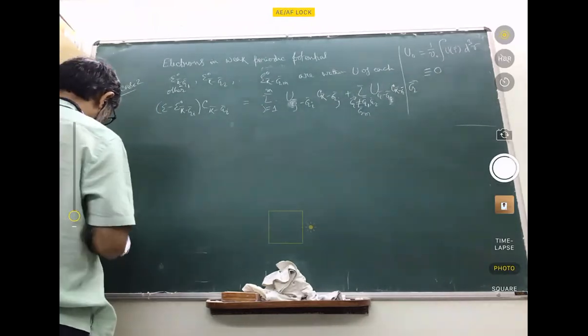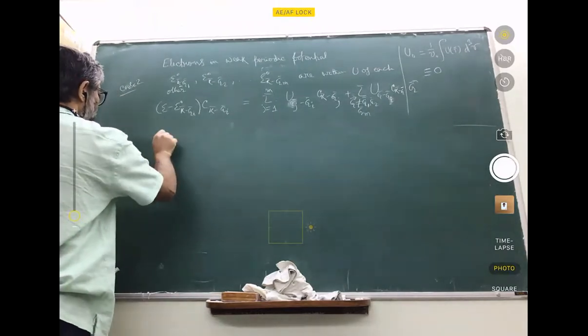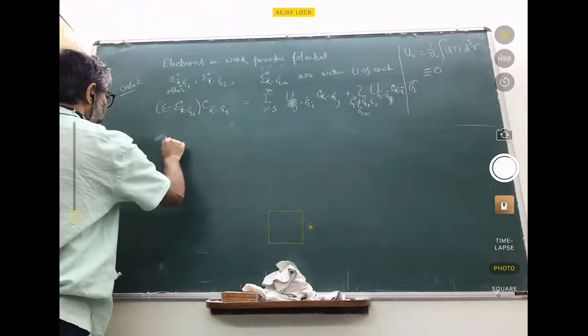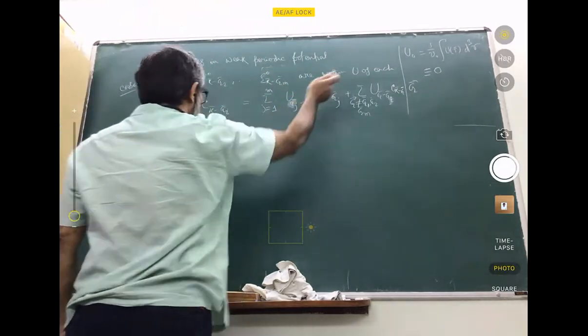The other is, what do we get for the coefficients of G's that are not part of this?